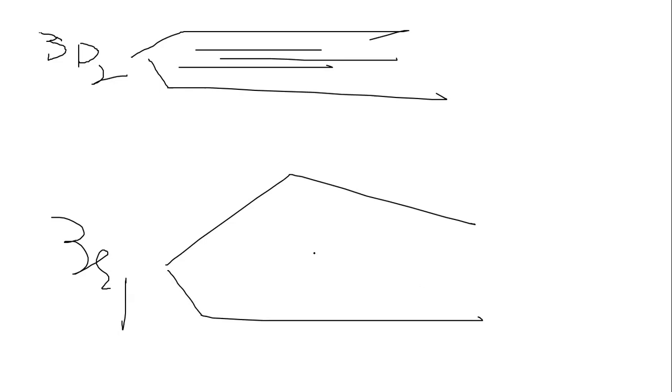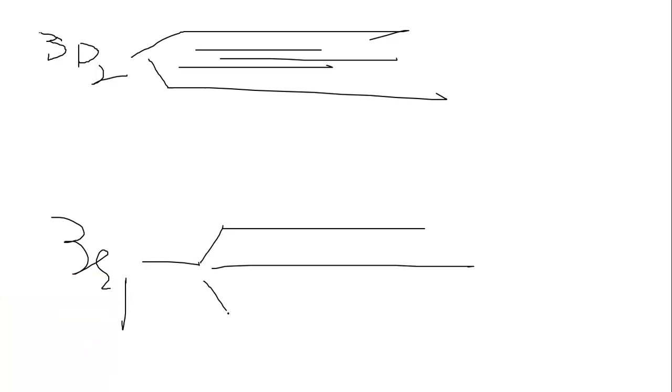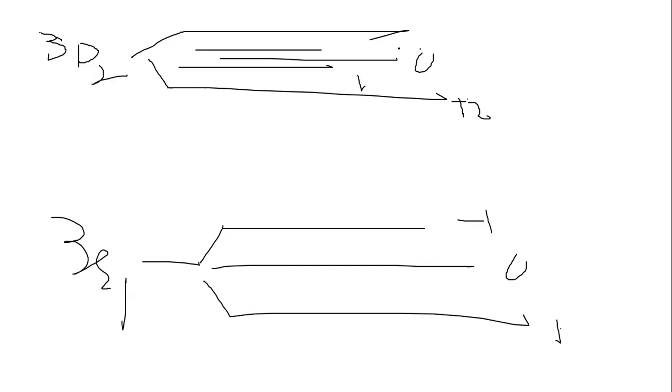For 3s1, there will be 3 splitting, because 3p2 split into 5 levels. Similarly, 3s1 will be splitting into 3 levels, corresponding to 1, 0, minus 1, like here 2, 1, 0, minus 1, minus 2, and the transition will occur corresponding to the selection rule delta j equals 0, plus minus 1, where j equals 0 to j equals 0 is not allowed.